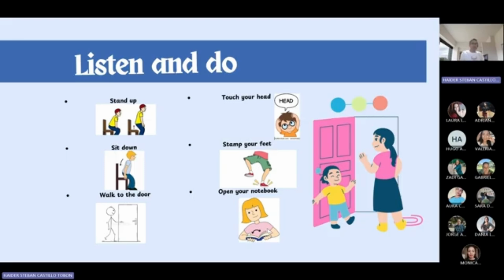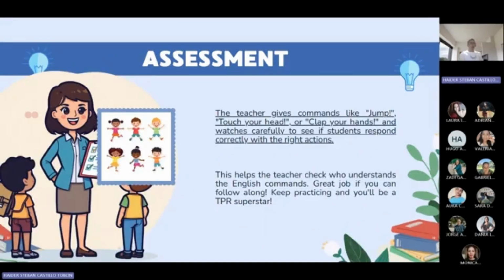And this is the assessment for how future teachers, or actually you are the teacher, you can use this opportunity or this method in different opportunities that you can make or head the class.